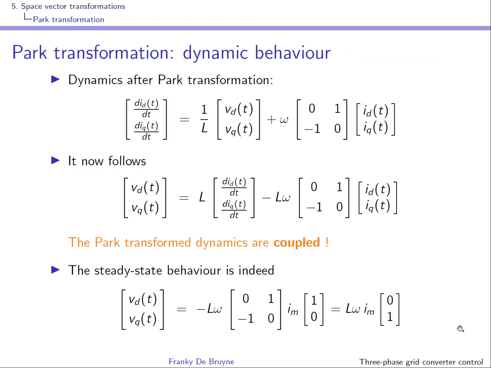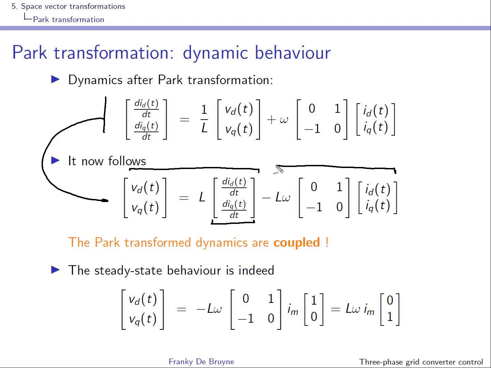Well, this is the dynamics after Park transformation that we had obtained previously, and this equation you can rewrite quite easily to this form. And in this equation, you can kind of recognize what you would expect, right? The voltage is L times the derivative of the current, and this is indeed what you see with this term, but you see that there is an additional term, and this additional term has to be added to take into account that you're working in a rotating frame.